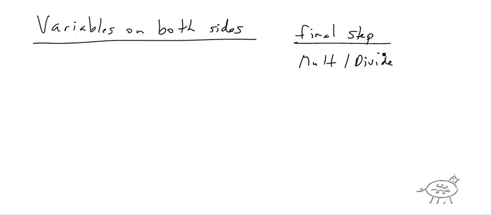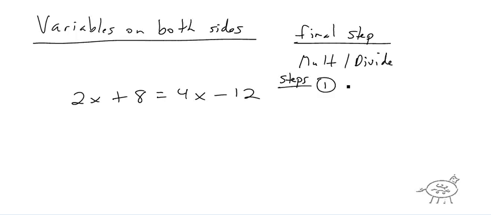Let's start out with a nice little example: 2x plus 8 equals 4x minus 12. We're going to get some more complicated ones, but this is just a real basic one. Let's start listing all the steps. The first step is you're going to distribute, if possible. Second step is combine like terms.